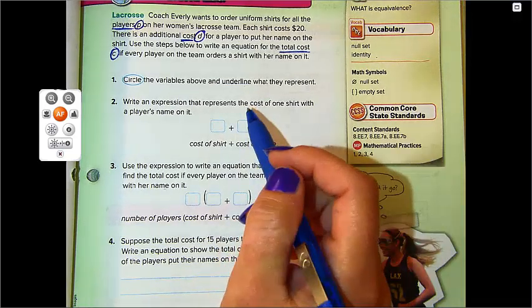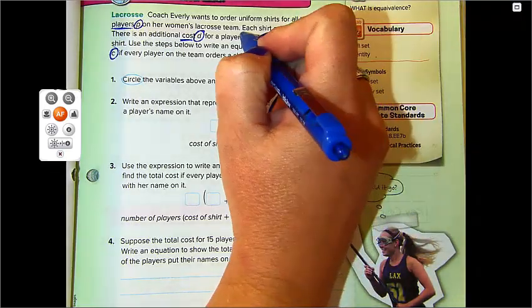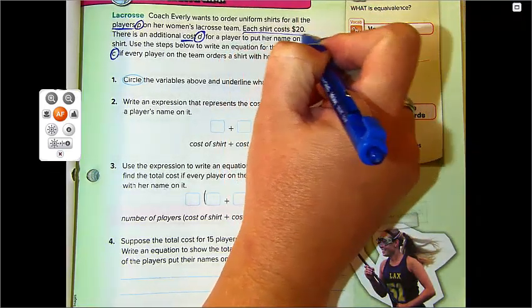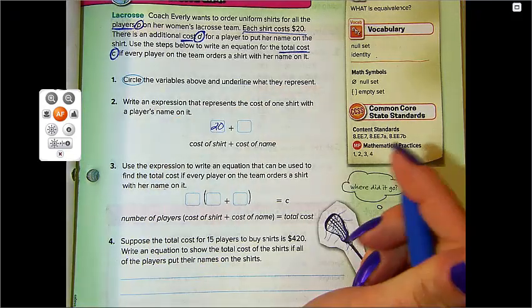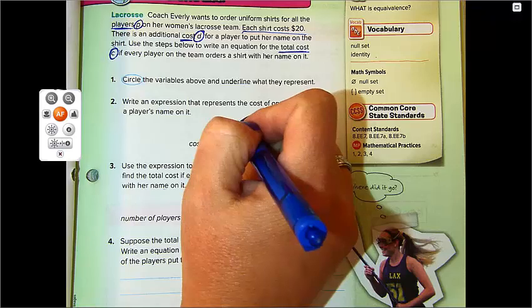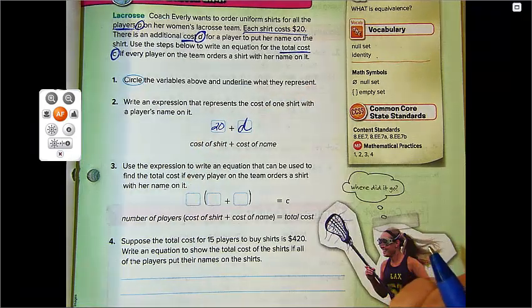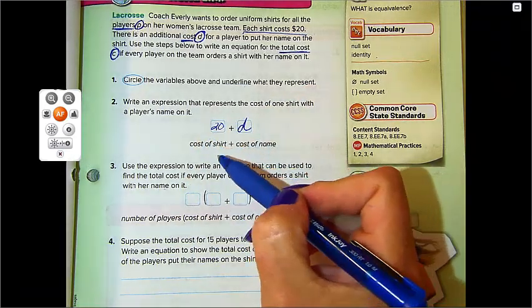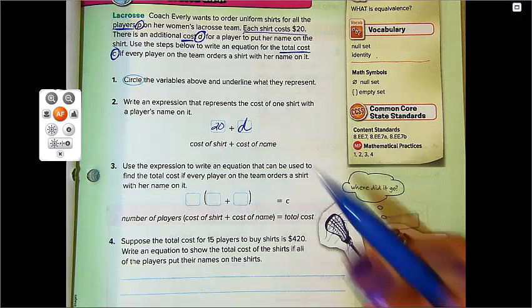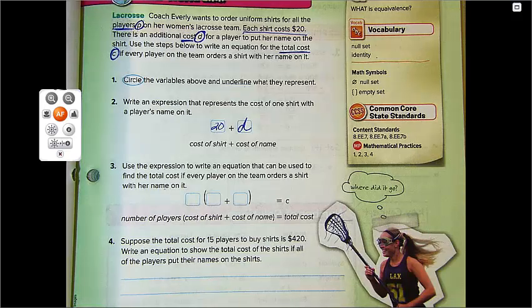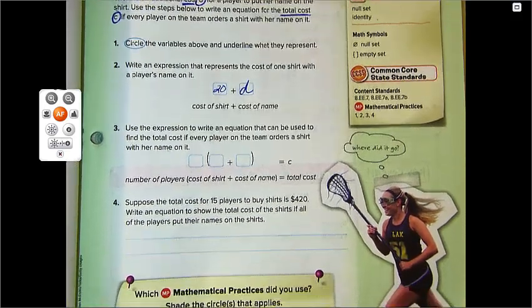Well, if we go back and read it, it says that every shirt costs $20. So this information we already know. It's $20 no matter if they get their name on it or not. If they get their name on it, there's an additional cost, and they represented that by D. So this is the cost of the shirt, which is $20, the cost of the name that we don't know, which is D.